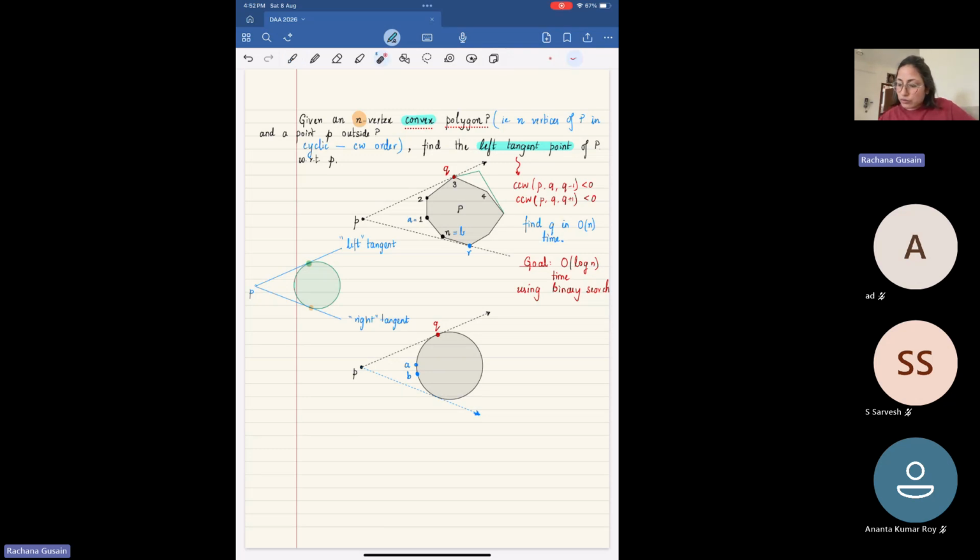The first thing to observe is that the middle index can lie either in the internal part or in the external part, either on this side or that side.